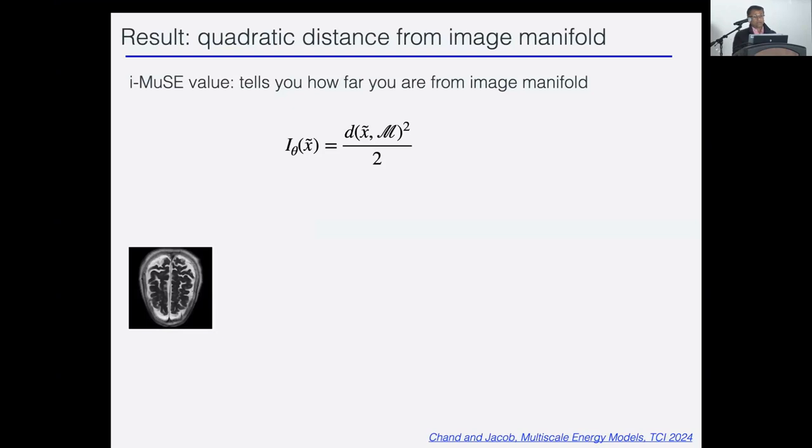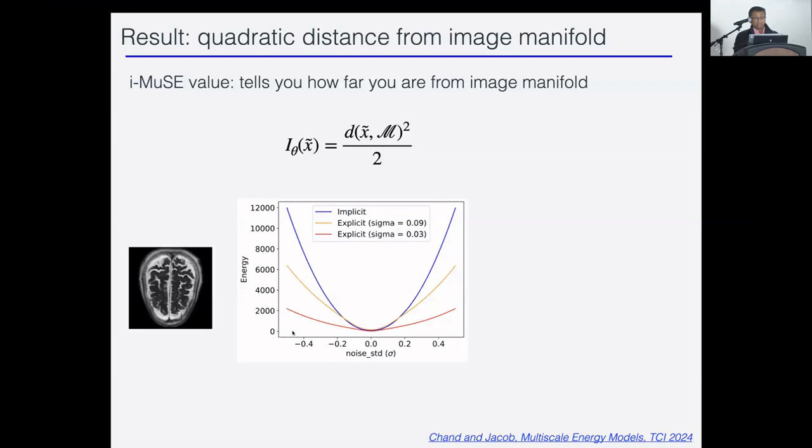It also introduces some nice properties. The theoretical result is that if you take an image and feed it to the energy function, it will tell you how far you are from the data manifold. To showcase this, we took this image and added noise with different variances, and these are the outputs of the network.